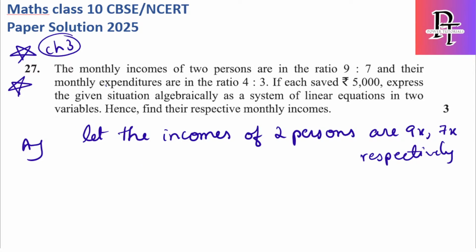And their monthly expenditures are in the ratio 4 to 3. We don't know the multiplier, but the ratio provided is 4 is to 3, so I'm assuming y as the common factor, so the expenditures are 4y and 3y.